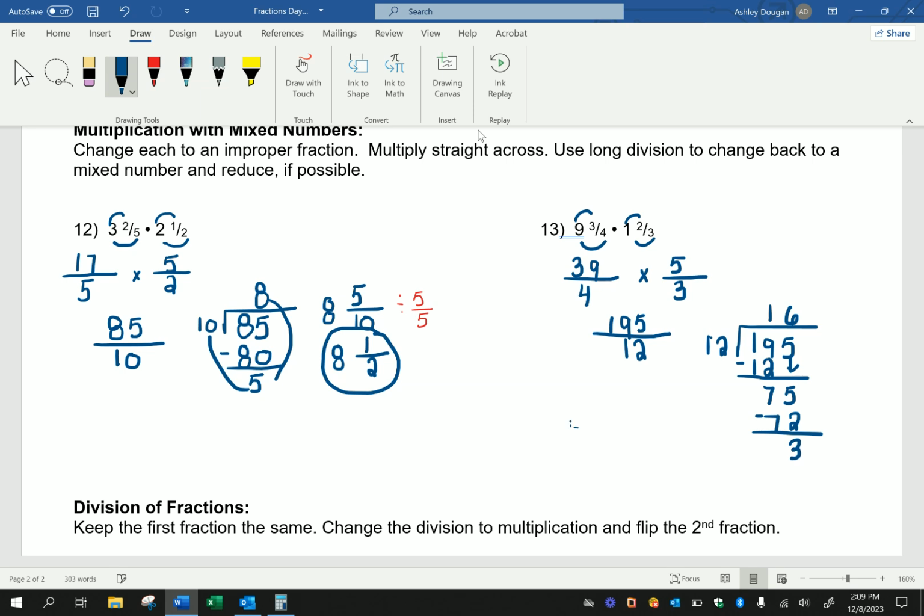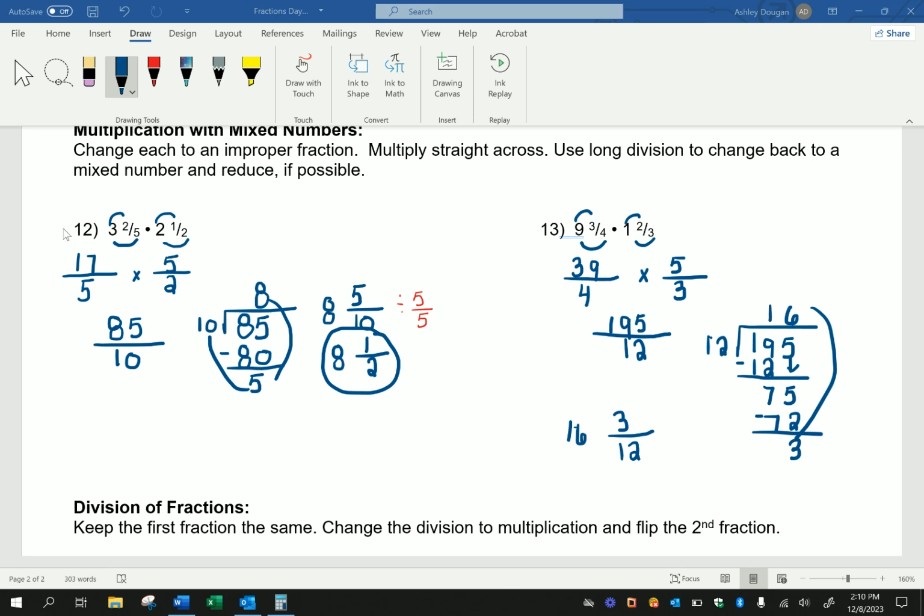This gives me 16 as my whole number, 3 as my numerator, and 12 as my denominator. So I have the fraction 16 and 3 over 12. I need to make sure that my fraction part is in simplest form.